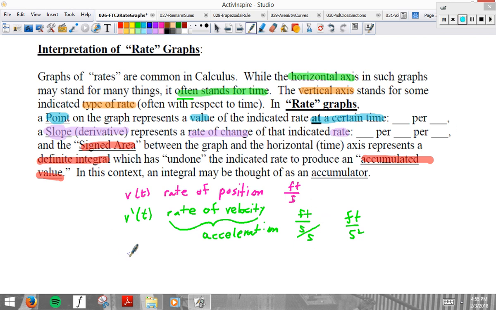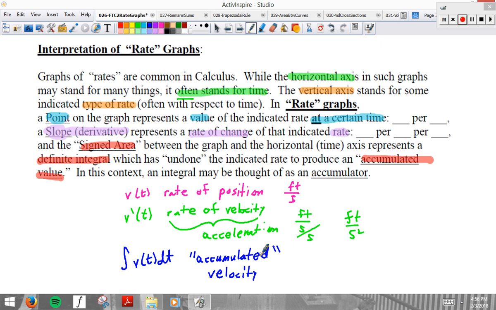And lastly, the definite integral of velocity, this is something we just recently covered in chapter 5, would be the, and I don't ever want to hear anyone say this on a test, and I'm sure the AP people feel the same way, accumulated velocity. And this is why this part will be the hardest to interpret. The accumulated velocity, that's nonsense.